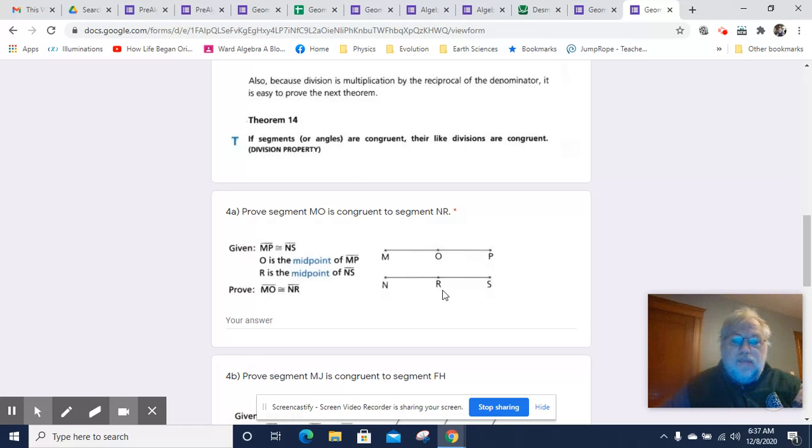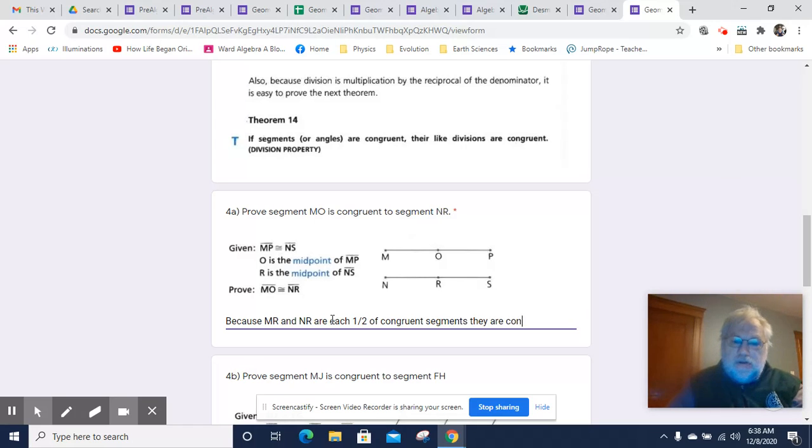And so MO and NR are both half of the same thing. So we would prove that because MO and NR are each 1/2 of congruent segments.